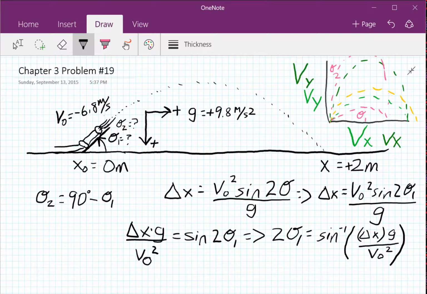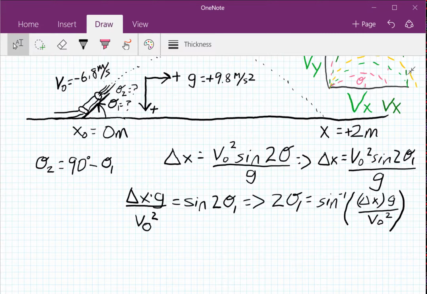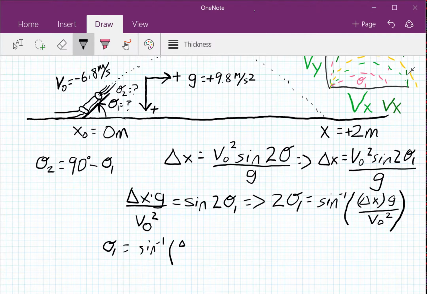So if we take the values on the right, divide by 2, we'll get theta 1. So we have theta 1 equals inverse sine of delta x multiplied by g over v initial squared, and all of that divided by 2.